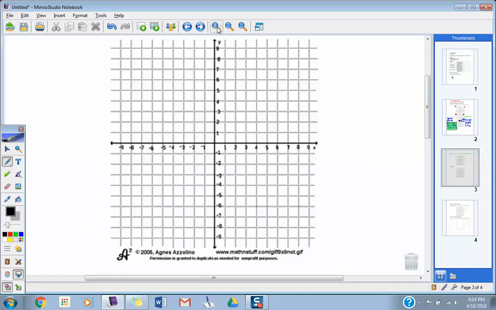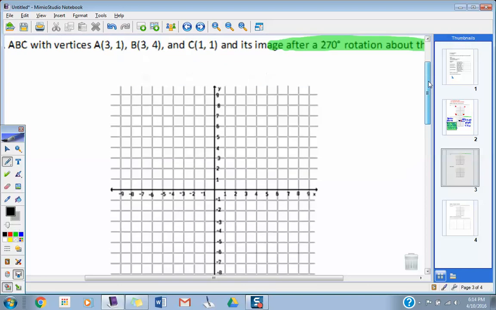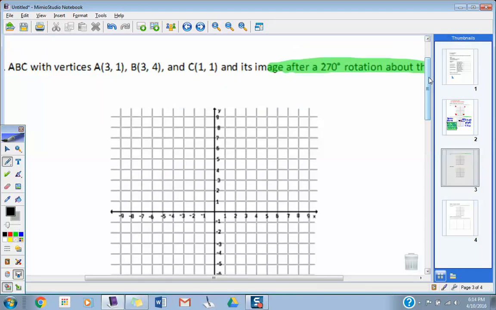So I'm going to plot those points A, B, and C again. And here we go with that. So as I draw my triangle again, or draw my pre-image, I don't want that green there. There's that triangle.